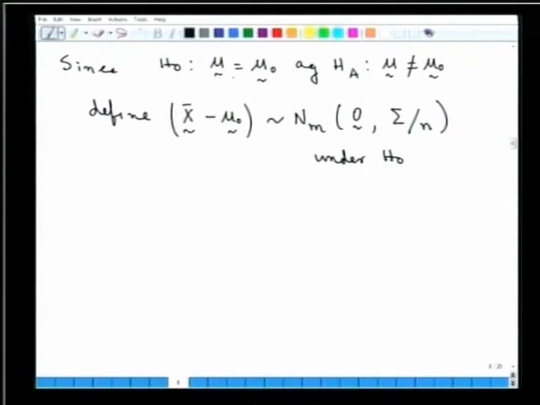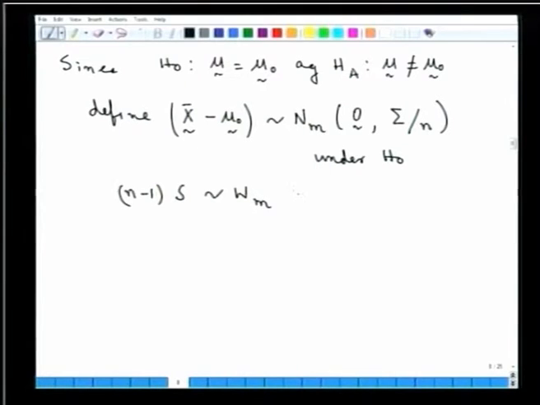It would be mu minus mu naught, because expectation of x bar would be equal to mu, and under the null hypothesis only, mu is equal to mu naught. So under the null hypothesis we will have this to be a null vector and sigma by n to be the associated covariance matrix. Nothing changes as far as the sample variance covariance matrix is concerned.